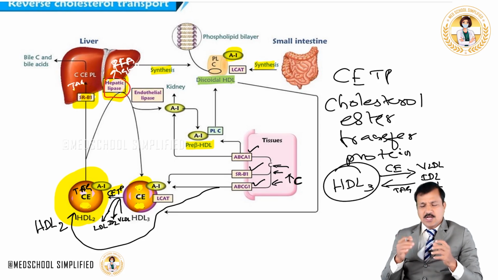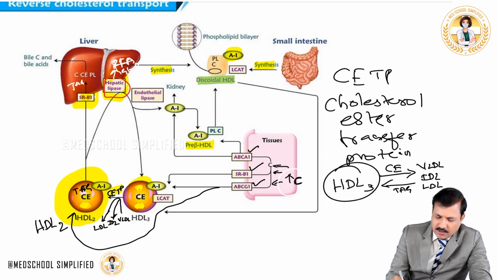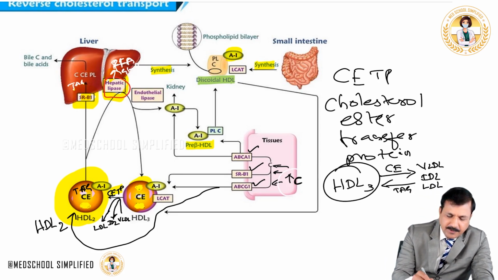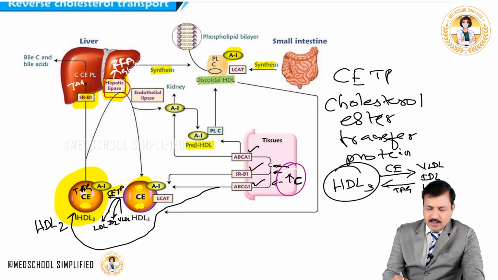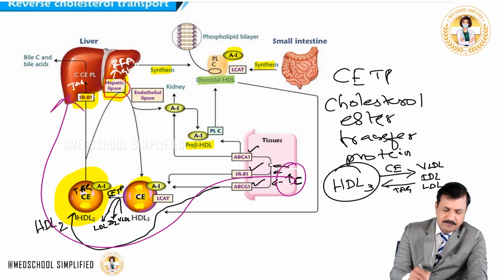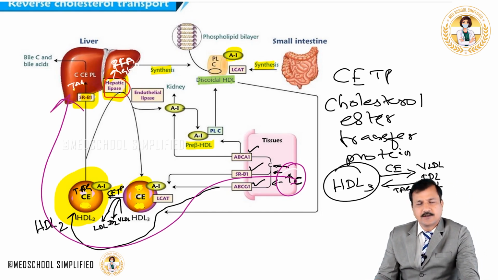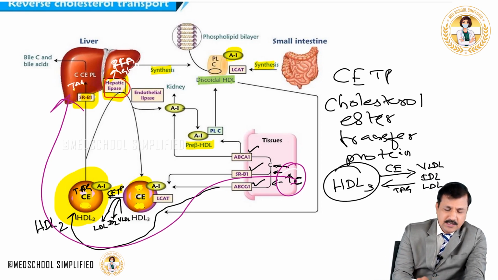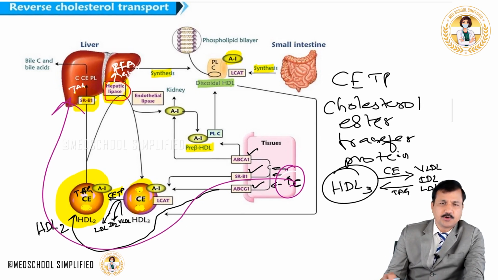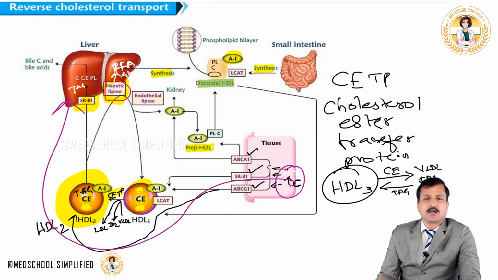So this is how the excess cholesterol present in the peripheral tissue is carried to the liver with the help of HDL. And this movement of excess cholesterol from the extrahepatic tissue to the hepatic tissue is called the reverse cholesterol transport mechanism, and that is done through the HDL molecule.